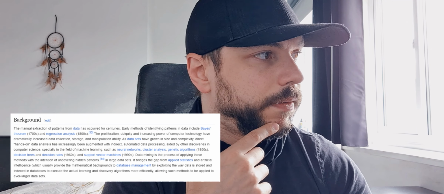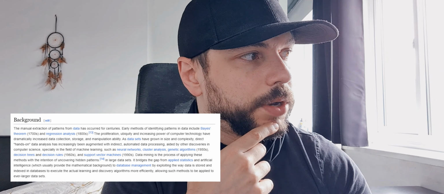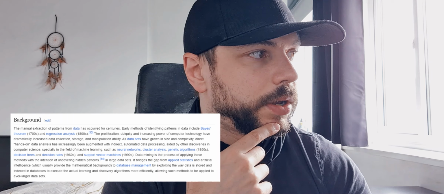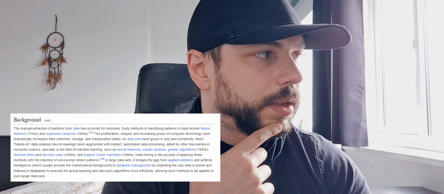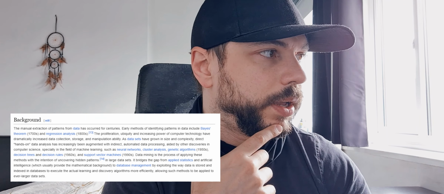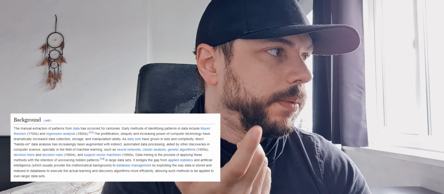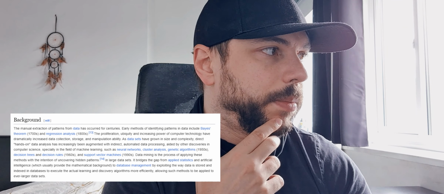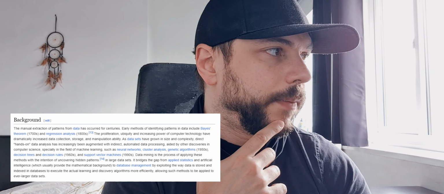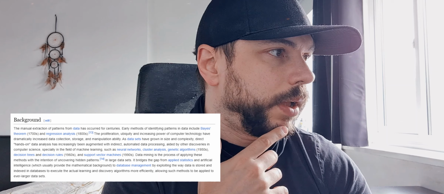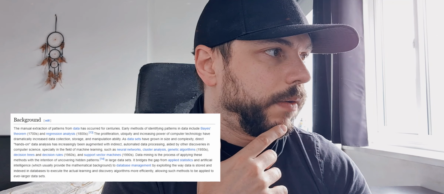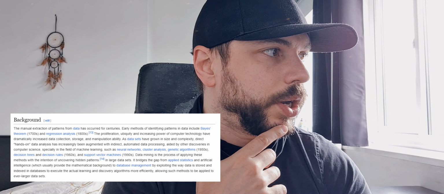It's something they're referring to, which potentially can help based on historical data, comparing against some of the decisions that have been made today, and how that would potentially, at least on paper, improve entire decision making. Data mining is a process of applying these methods with the intention of uncovering hidden patterns in large data sets.